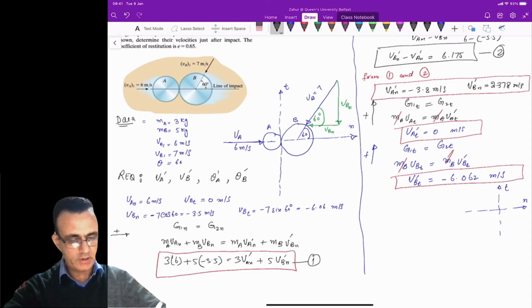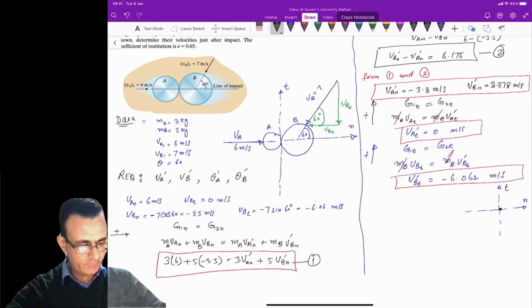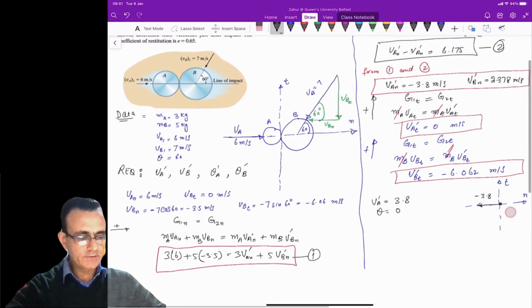For VA, we only have velocity in this direction, which is minus 3.8. So VA' will be equal to 3.8, and it's just going in this direction here. So the angle associated here is 0, so there will be no angle with respect to the normal direction.